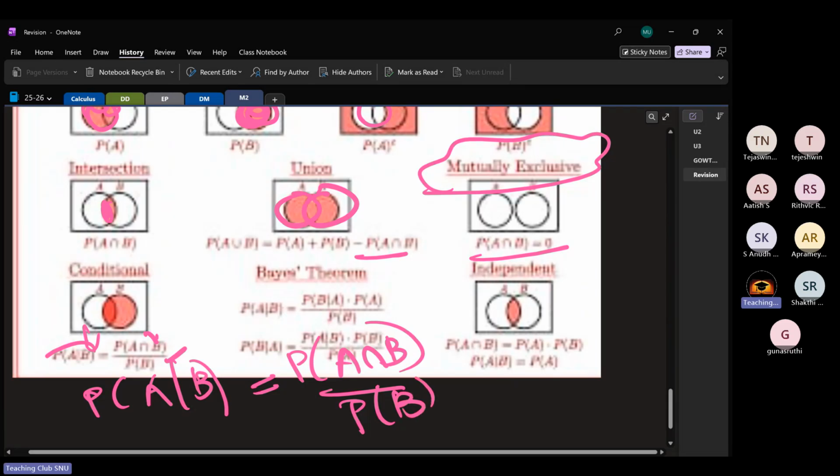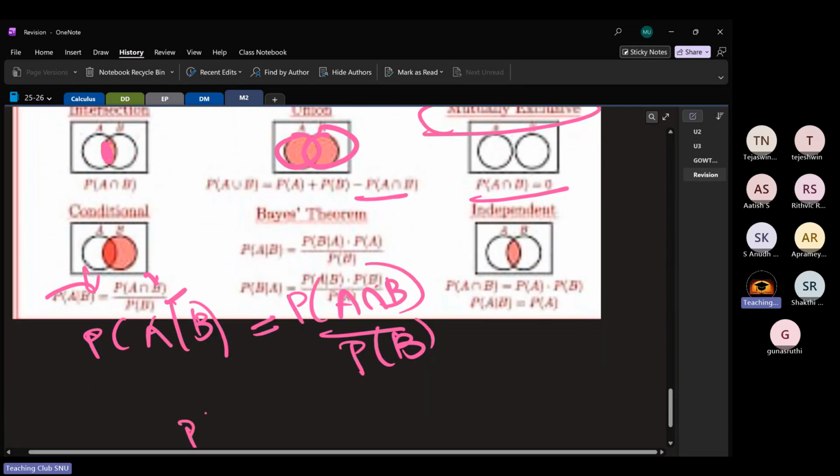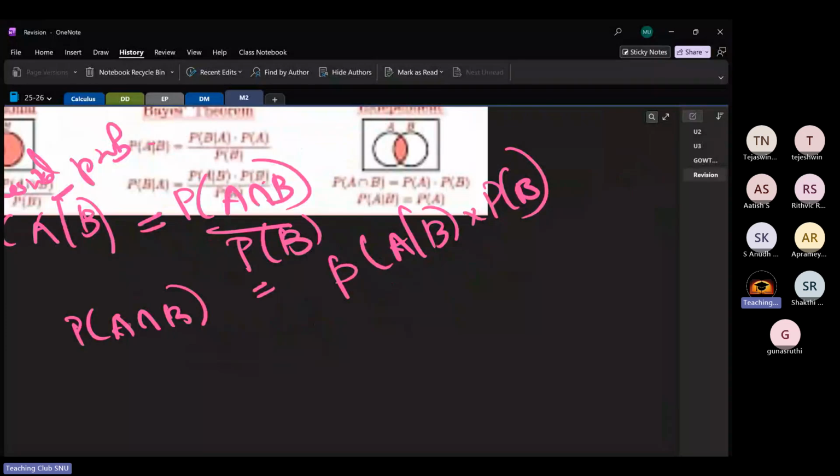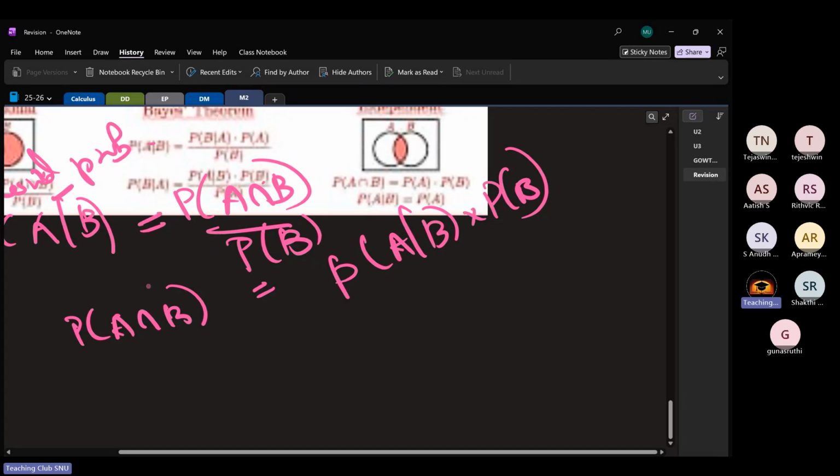So this also makes clear that P of A intersection B is P of A given B times P of B. This is a general rule for two things happening at once. Let's say P of A intersection B, meaning A and B should both happen.